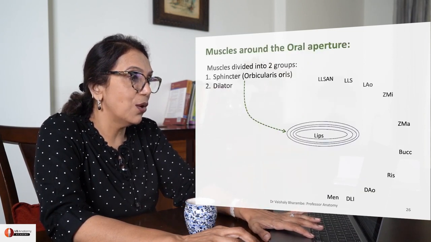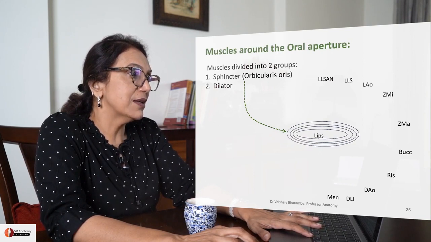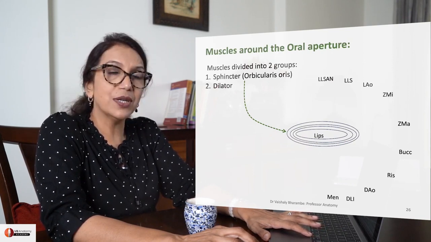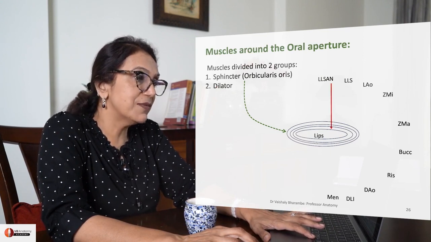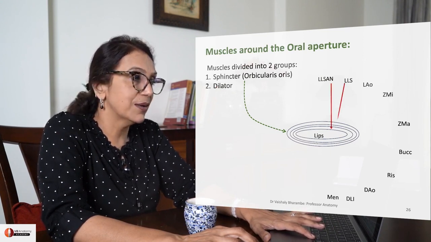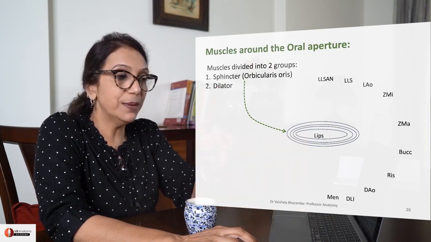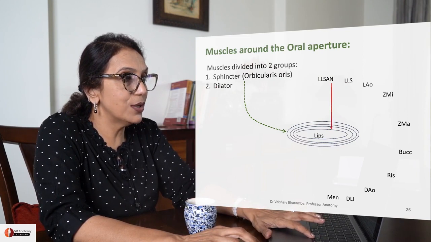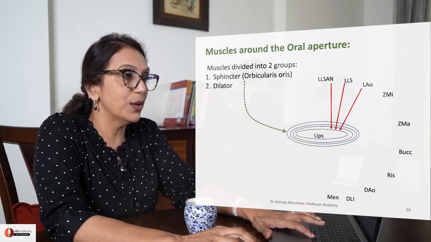Let's now discuss all these muscles one at a time. Muscles around the oral aperture are therefore divided into sphincter muscles and dilators. Just keep observing. Each arrow is one muscle. So, levator labii superioris alaeque nasi, levator labii superioris, levator anguli oris.